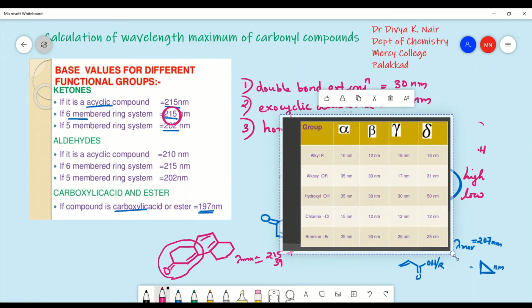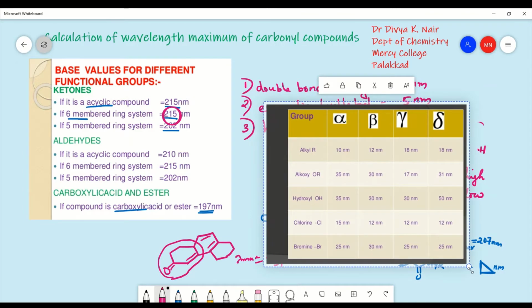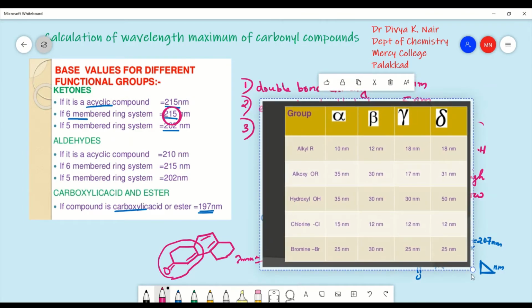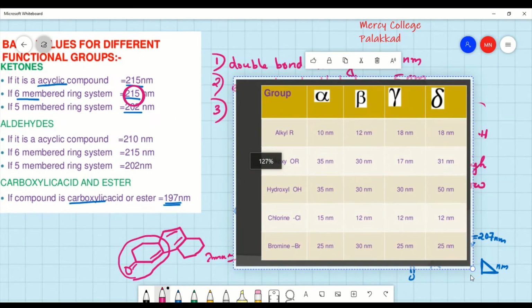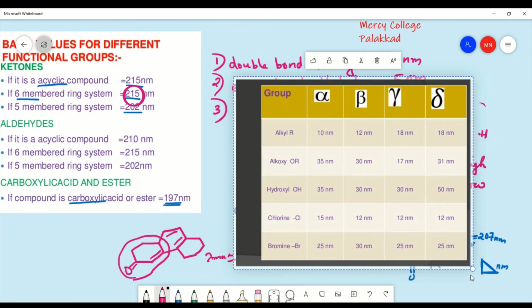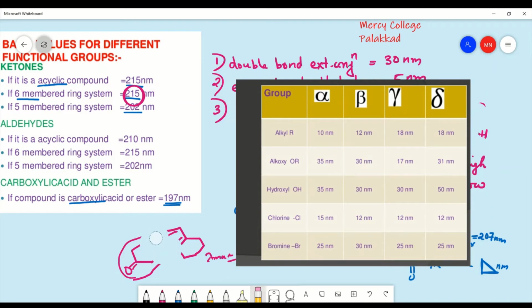Suppose you have systems attached at positions alpha, beta, gamma, delta. So I will show you what is meant by alpha substituent, beta substituent, and gamma substituent by drawing a suitable example.